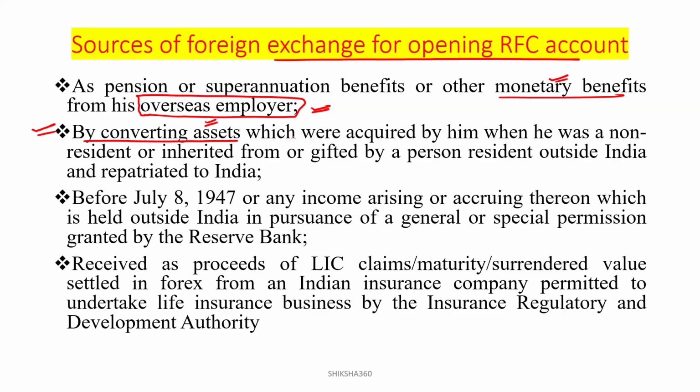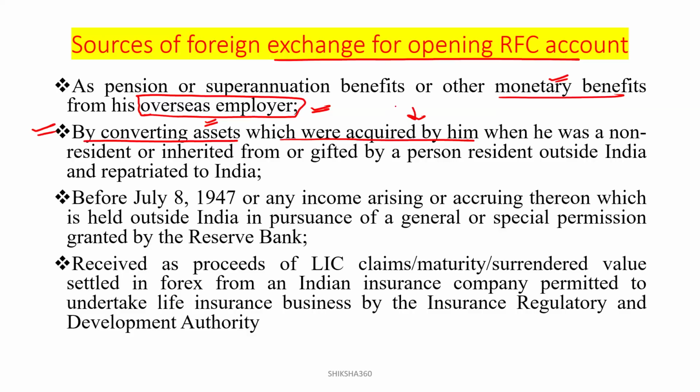Second one is by converting the assets which were acquired by him when he was a non-resident, or inherited from or gifted by a person resident outside India, and repatriated to India. Clear? Basically at the time of the foreign visit, they purchase some assets.